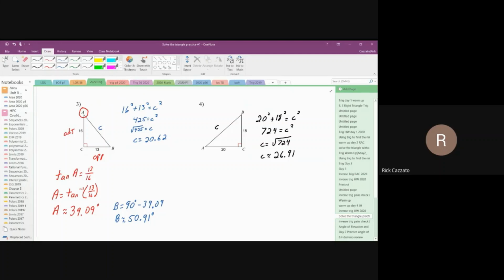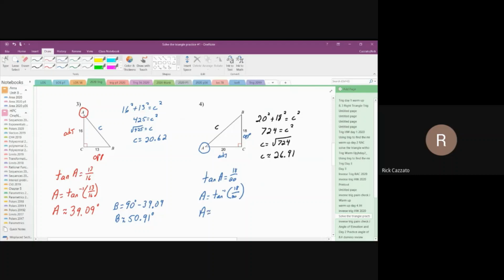In order to find the angles, I'm just going to use A as my reference. 18 again is the opposite. 20 is the adjacent. So I'm going to use tangent again. You won't always use tangent. The tangent of angle A is equal to 18 over 20. So A is equal to inverse tangent 18 over 20.